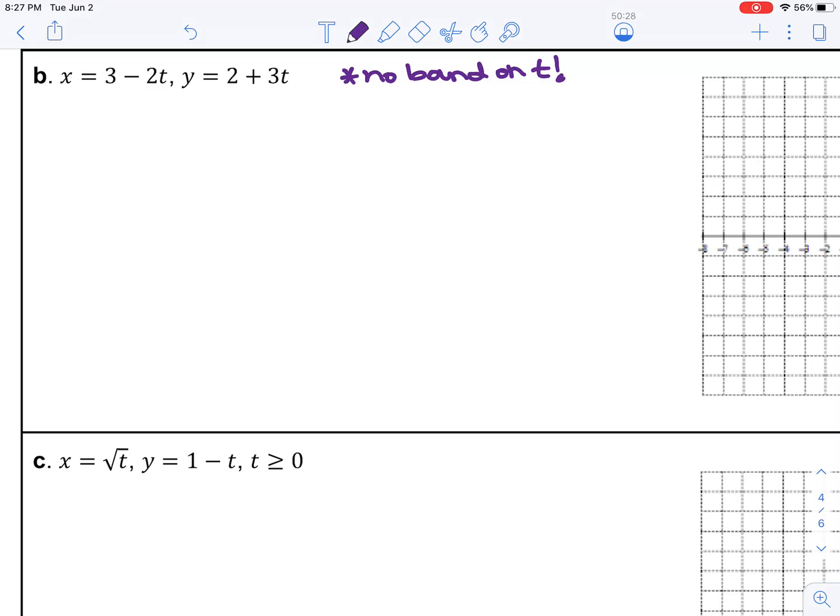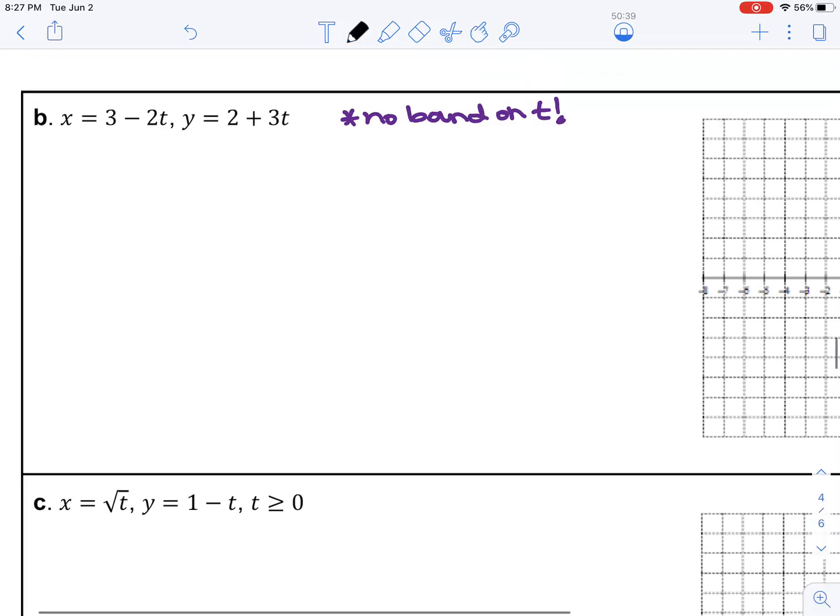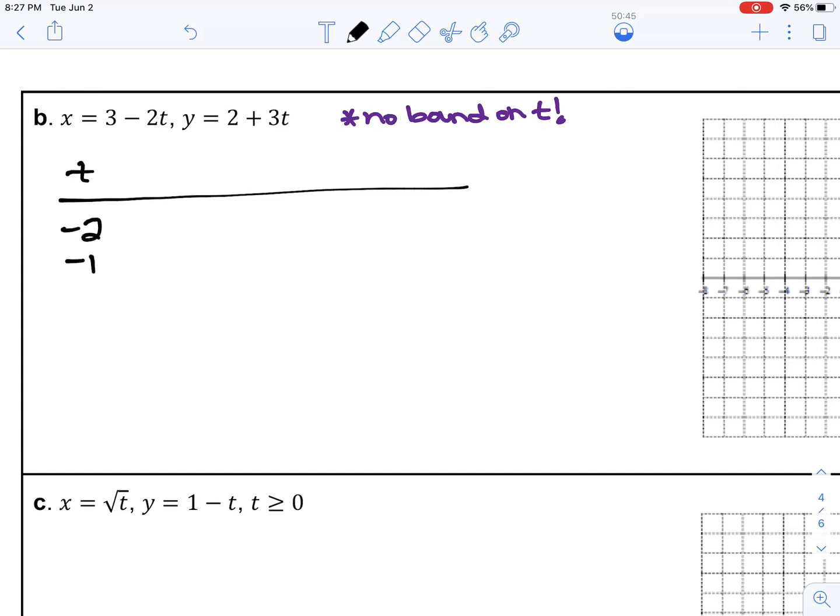So just having thought about this problem and looked at it for a little bit, I'm going to choose to start my table of values just like I did before, with a t value of negative 2, and then I'll go to negative 1, 0, 1, and 2. And sometimes you might have to play with these t values, right?